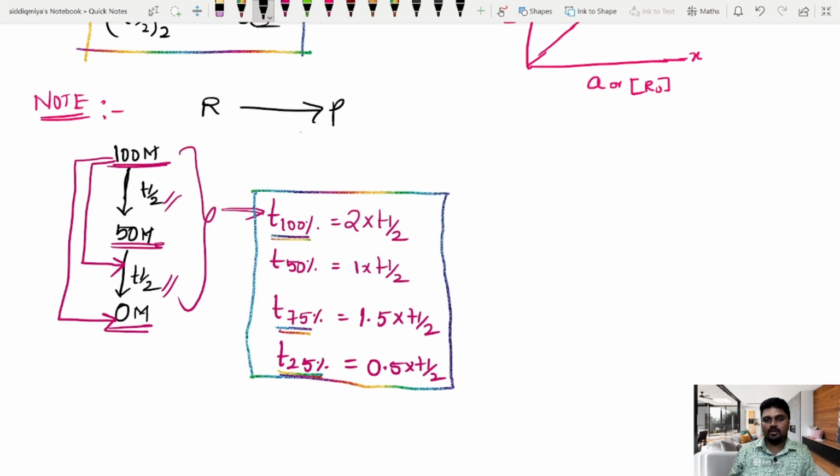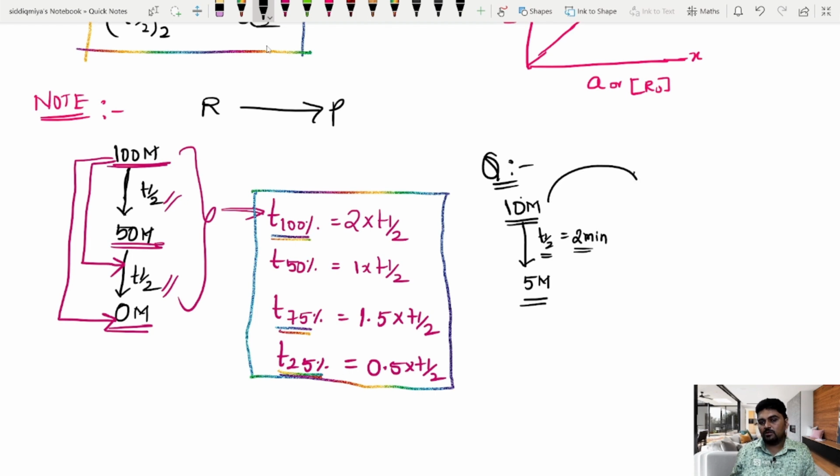Okay, now we are going to observe one common observation. One question I will give. The question is that 10 molar of one reactant is there, and to become 5 molar, the T half taken, let us say, is 2 minutes.